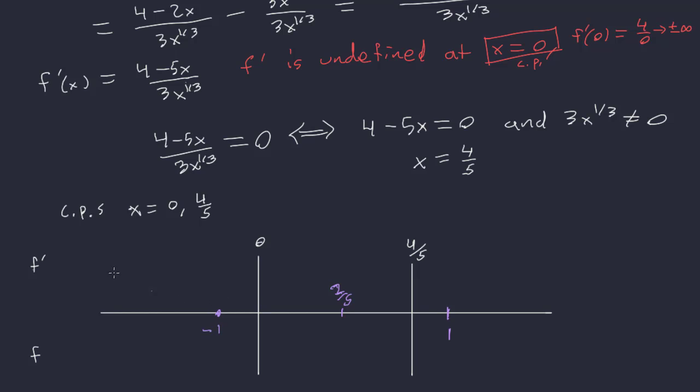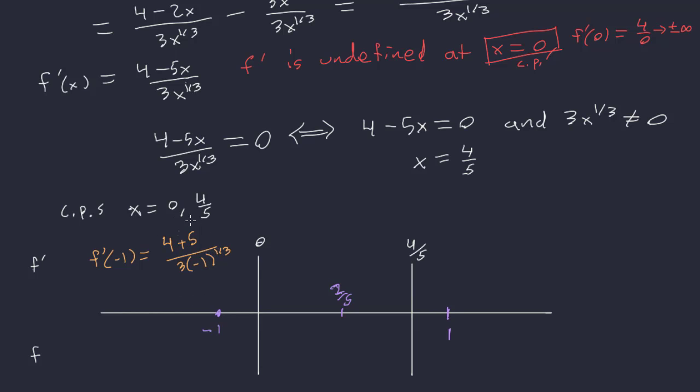Now, when we plug in f prime of -1, that means we're going to get 4 minus 5 times -1. So that's going to be a 4 plus 5 all over 3 times -1 to the 1/3.